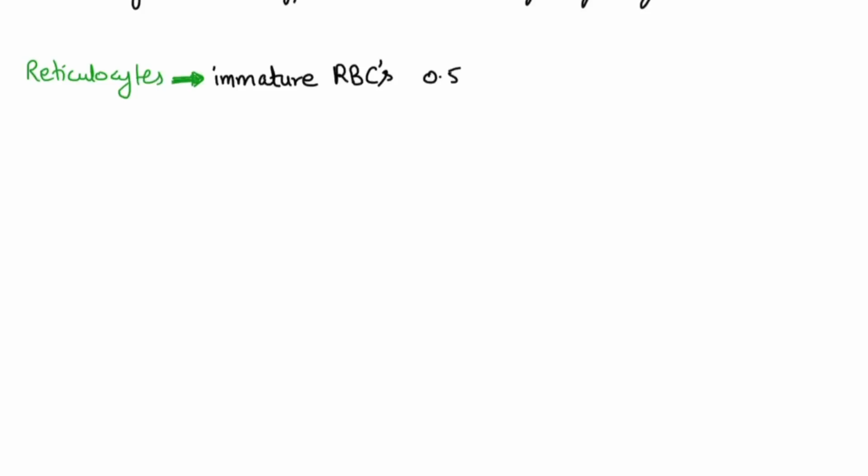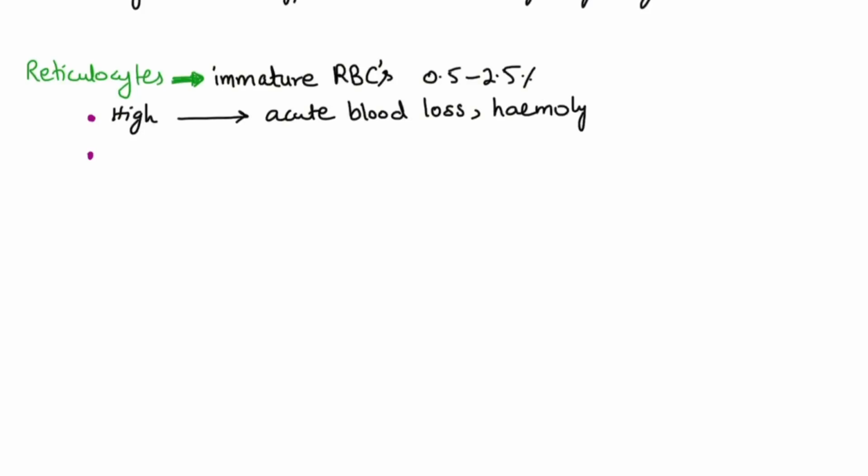Now let's talk about the next thing, which is reticulocytes. Reticulocytes are basically immature RBCs that are produced by the bone marrow, and the normal range for them is 0.5 to 2.5%. They can be high, low, or normal. If the count is high, it could be in acute blood loss or hemolytic anemia.